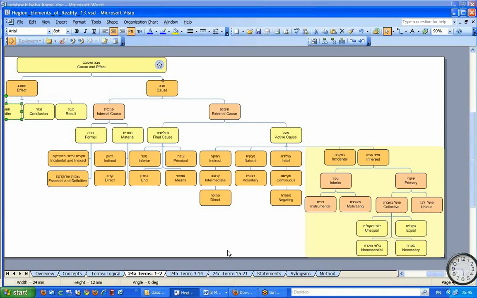It's the external cause of the damage. Very good. And then we have to go down the tree one more time, whether it's a poel or a tachlis. Actually, it could be both. It's the poel and what's his tachlis.